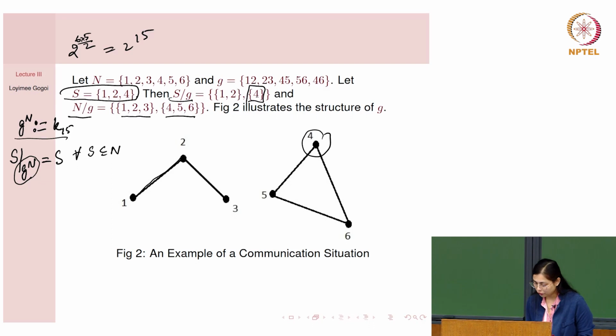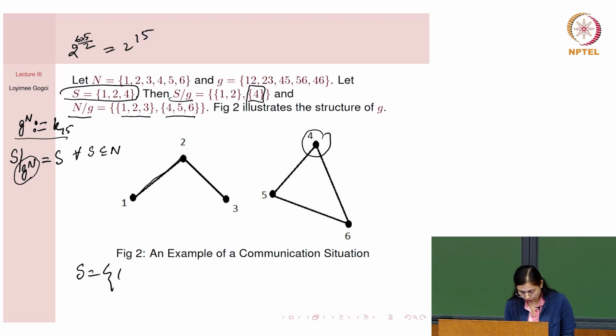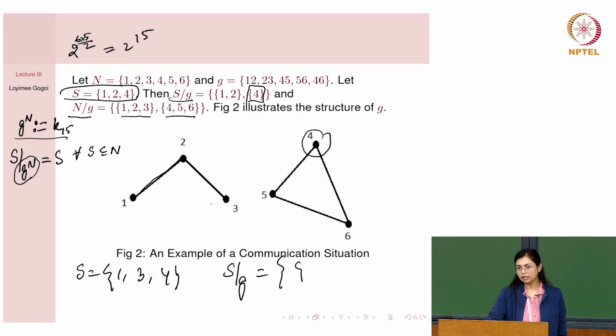Yes. 1 and 3 don't have a direct link, but they are connected, so they should belong to the same component. So it will be 1, 3 and 4 alone.